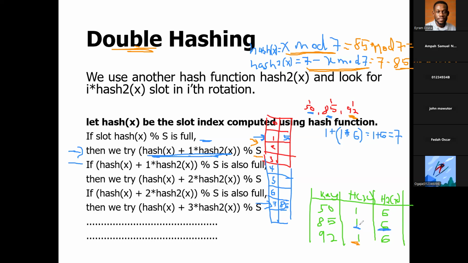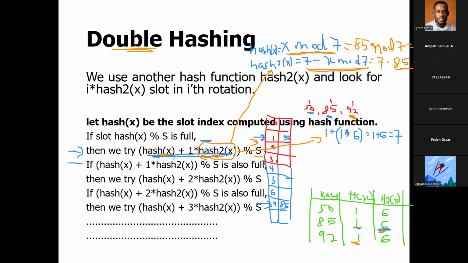That's why we have here 1 and 6. This hash 2x is simply what we've done here, the second hash function that's giving us the 6. So when we want to implement it, we have 1, which is hash x, the one we have here.